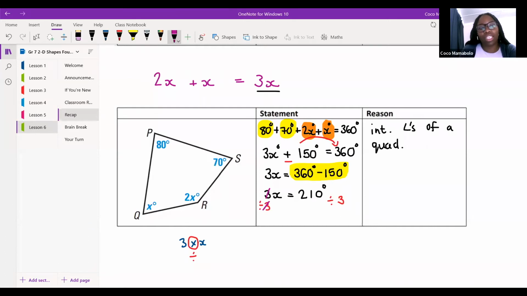Yes, very well done, Enoch. What you do on the right-hand side, you do on the left-hand side, and what you do on the left-hand side, you do on the right-hand side. Then I'm going to have 210 divided by 3. And then, Caleb, here's my therefore. Therefore, x is equal to 210 degrees divided by 3, which gives me 70 degrees.